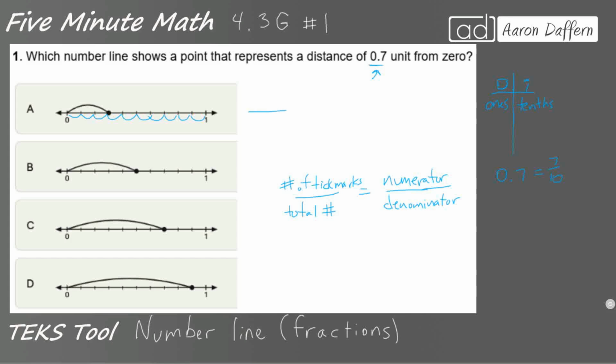So this has 10 total spaces. Now we have to start counting from 0, and count how many tick marks away from 0, moving to the right, this point is. We can count again: 1, 2, 3. So that's 3 tenths. We can call that 3 tenths, or we can call that 0.3.